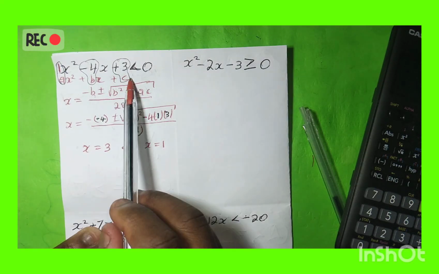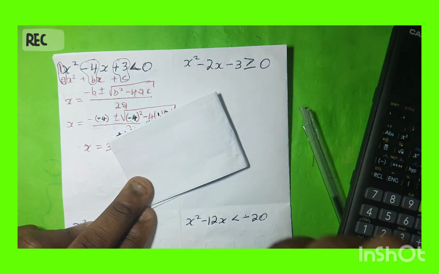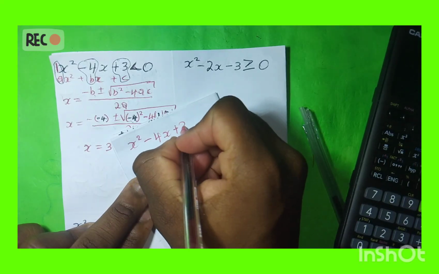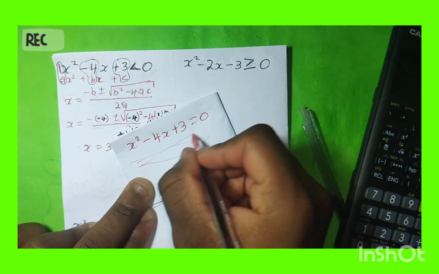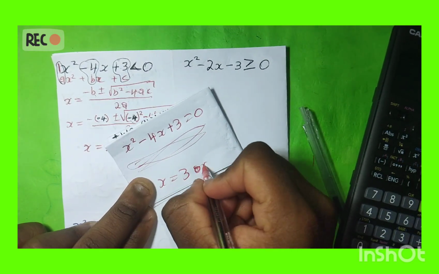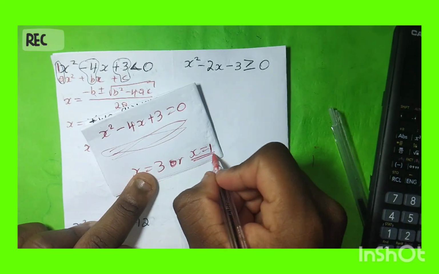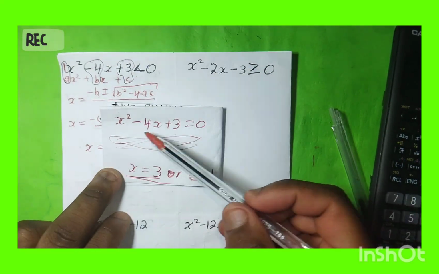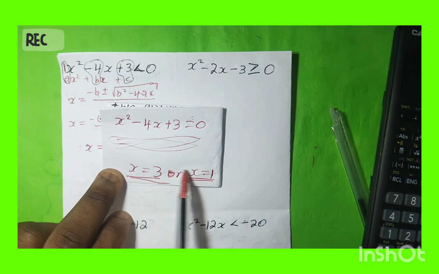If we were solving this like this, let me write this equation: if it was an equation which looked like this, plus 3 equal, I would apply my quadratic formula, and my final answer would be x equals 1. This is how you do it if you are solving an equation: you leave your answer like this.